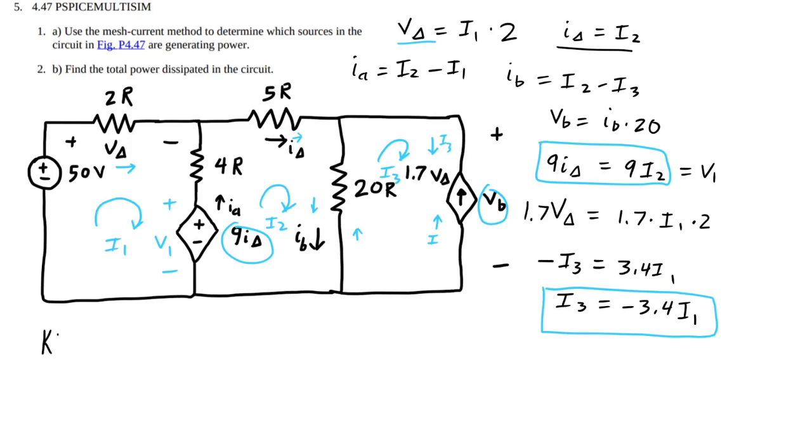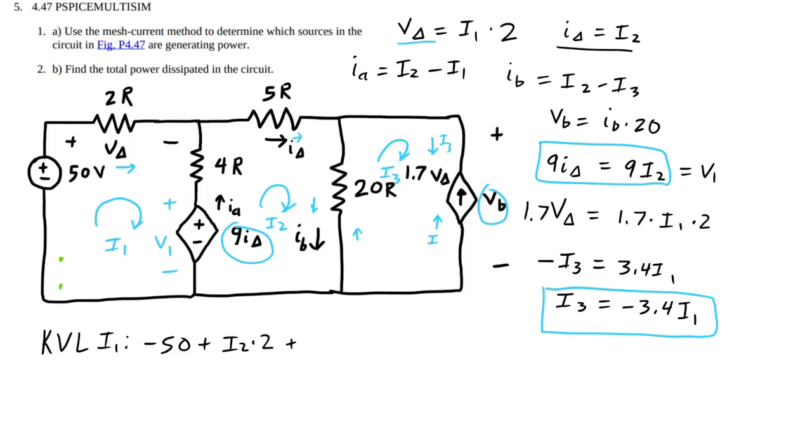I'm going to do a KVL for the mesh current I1. I'm going to start here and end at that same point. So minus 50 volts plus the voltage drop across that resistor, which is I2 times 2.